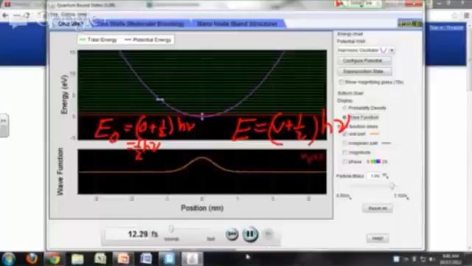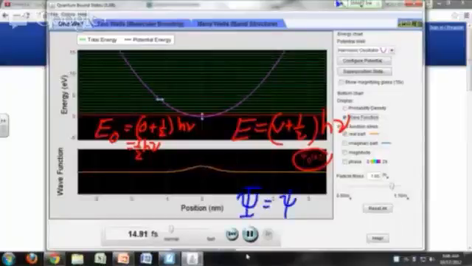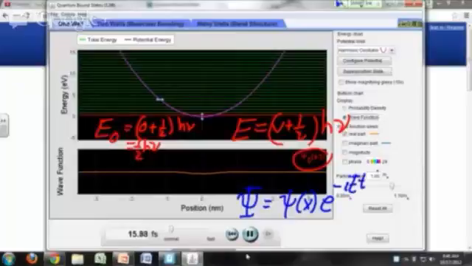What you're being shown here is the wave function as a function of time and coordinates. So your big psi, if you remember, is a function of coordinates times e to the negative i E t over h bar, so it's going to be oscillating with time.